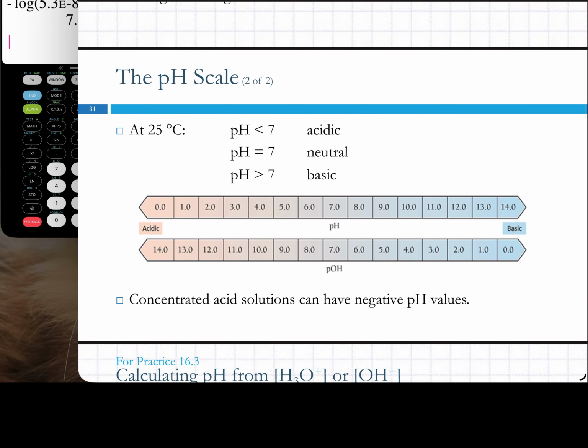So on the pH scale, instead of having to pay attention to mostly those negative exponents, the pH scale essentially takes the negative exponent and makes it a decimal number. So a pH of 7 is the same as 1 times 10 to the negative 7.